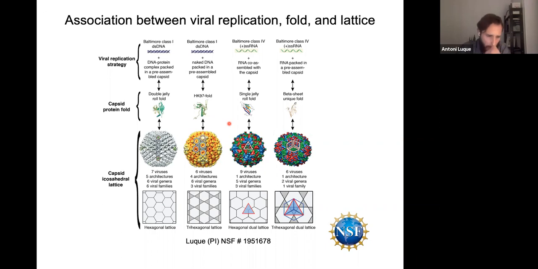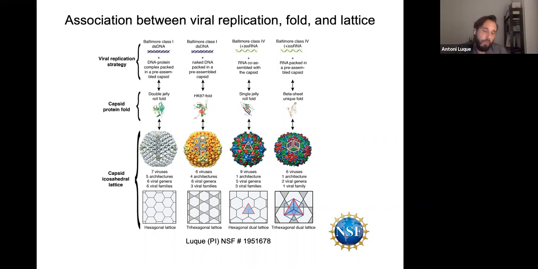Now we're going to develop some molecular simulations, and one of the arguments we want to use to convince NIH to help us develop that is that if your fold is so constrained to do lattice architecture, it means the HK97 fold may have some common pathways on the assembly.